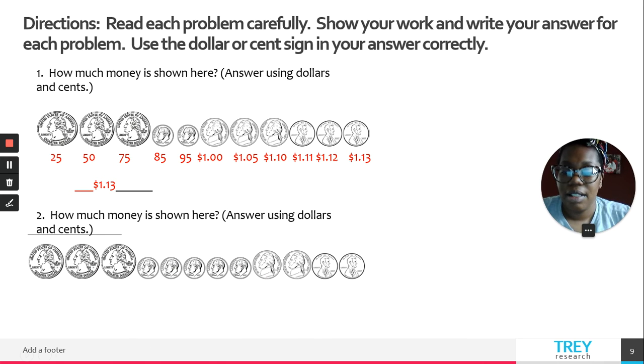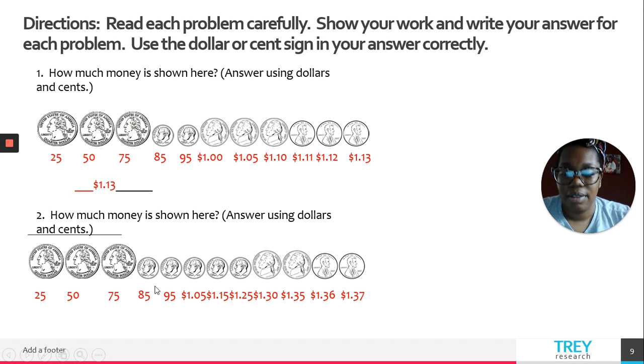Okay. So the next one, how much money is shown here? I'll give you a second to start thinking about it. So you already know this would be 75 cents because you had it up here. You got 75, 85, 95, $1.05, $1.15, $1.25.